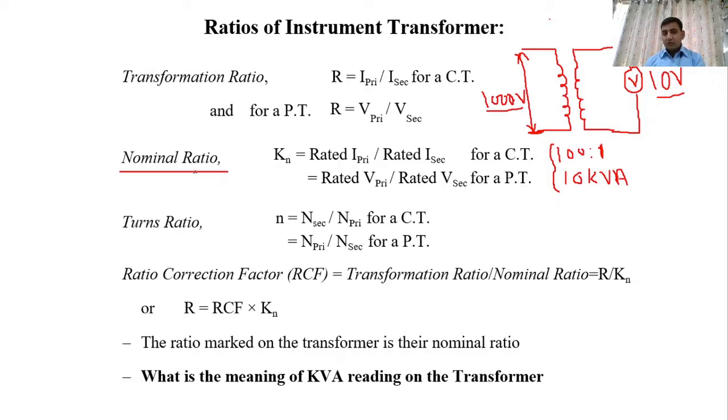Now talking about the nominal ratio. Okay, what is nominal ratio? So nominal ratio can be 100:1, 100 volt divided by 1 volt. It can be the rated primary voltage upon the rated secondary voltage ratio for a PT.